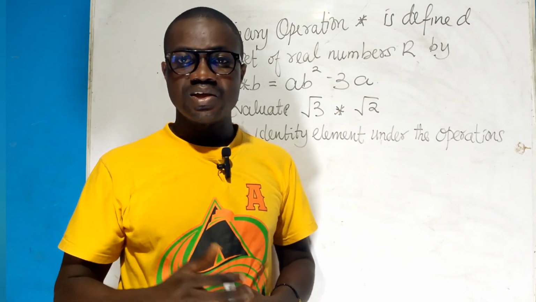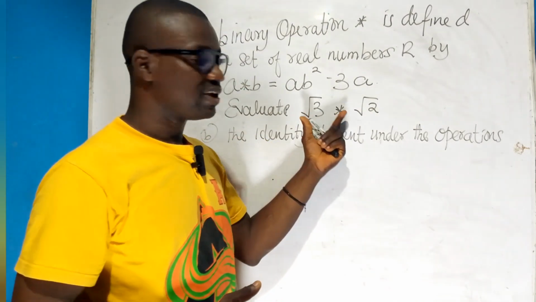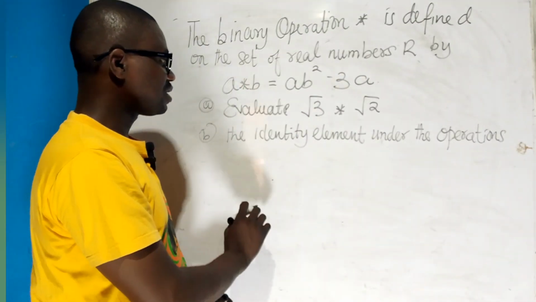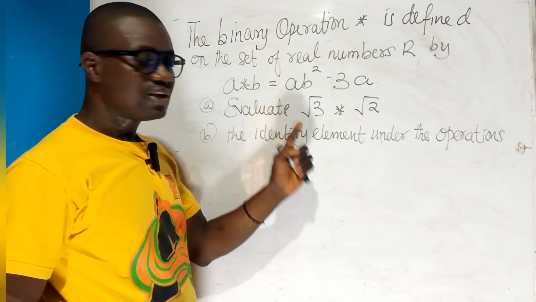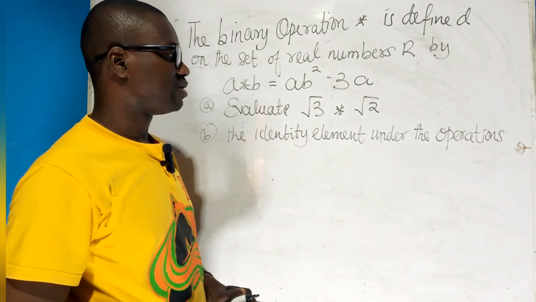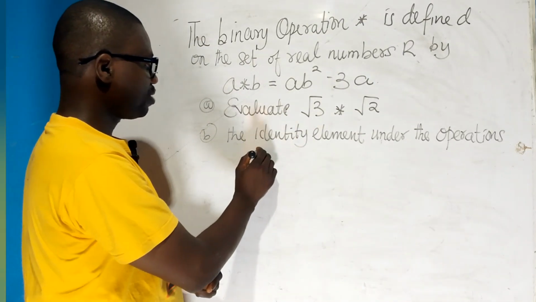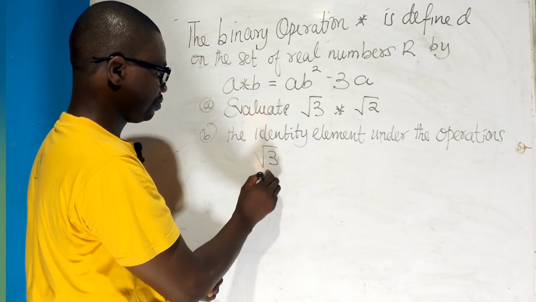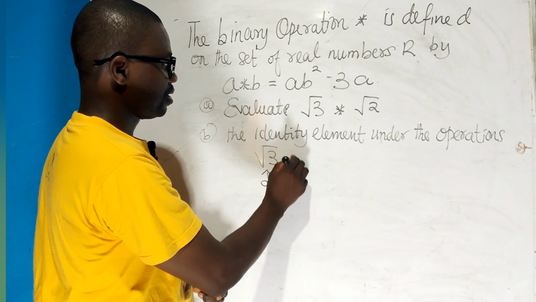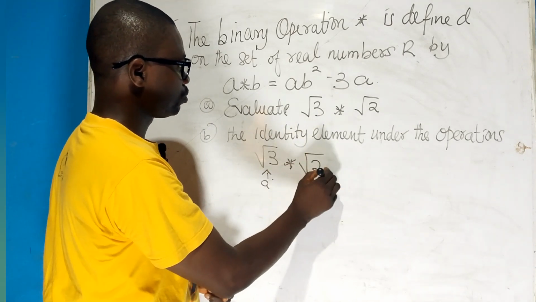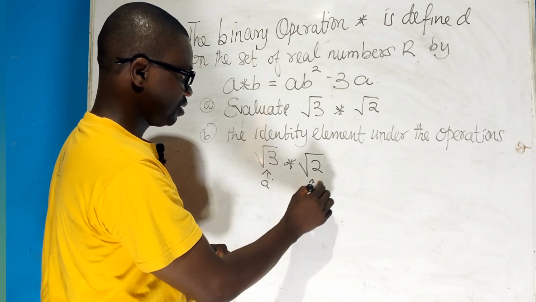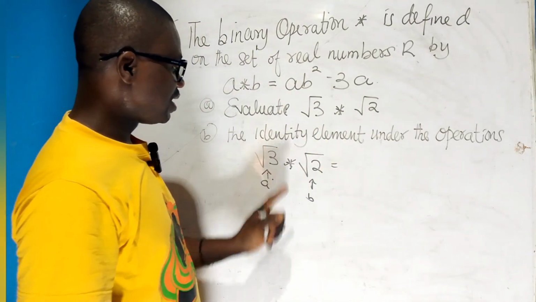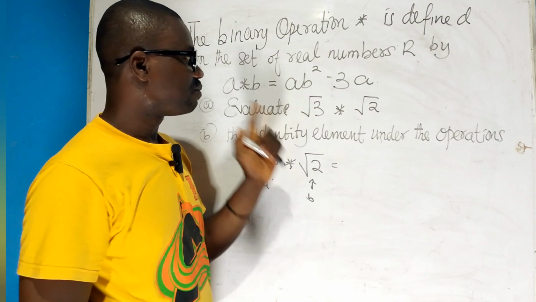Now the first thing is to substitute the given expression into the operation given. So in this case, you have to find each of the terms they are representing. The square root of 3 is representing the A, and the square root of 2 represents your B. So we are saying that it is A times B squared.